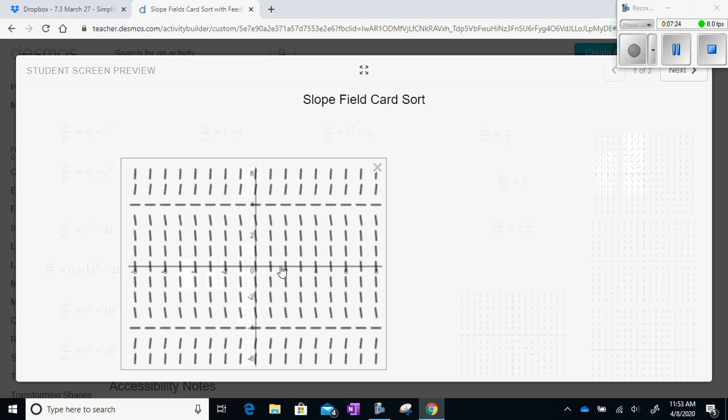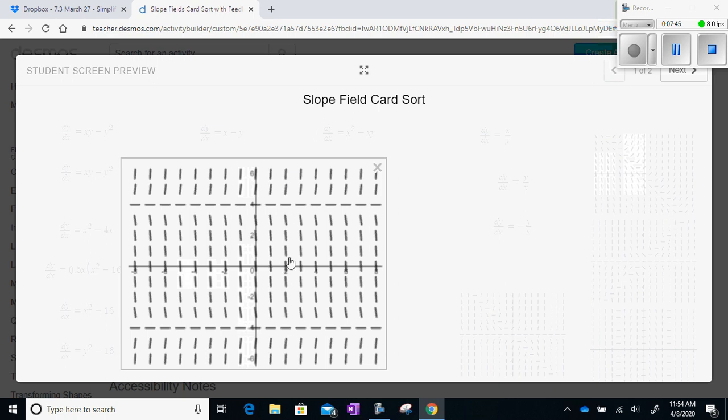If I picked, let's say, x equals 2 again, and I go up or down at x equals 2, I can see that those tick marks are different. Each one is different. So that means that the y value matters because going up and down makes a difference. So going up and down is y, which means changing the y value changes the slope.